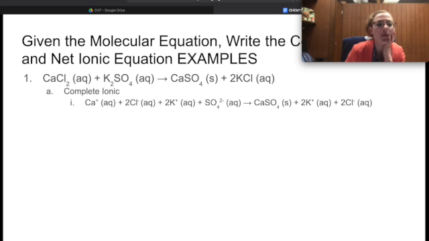So when I do this, what's interesting about the complete ionic equation is this. When you write a complete ionic equation, what you have got to remember is you need to use the coefficient to represent the total number of that atom on that side of the reaction, okay? So in this case, we have calcium. However, chlorine goes from being a Cl sub 2 to pulling that from the subscript up into the coefficient.